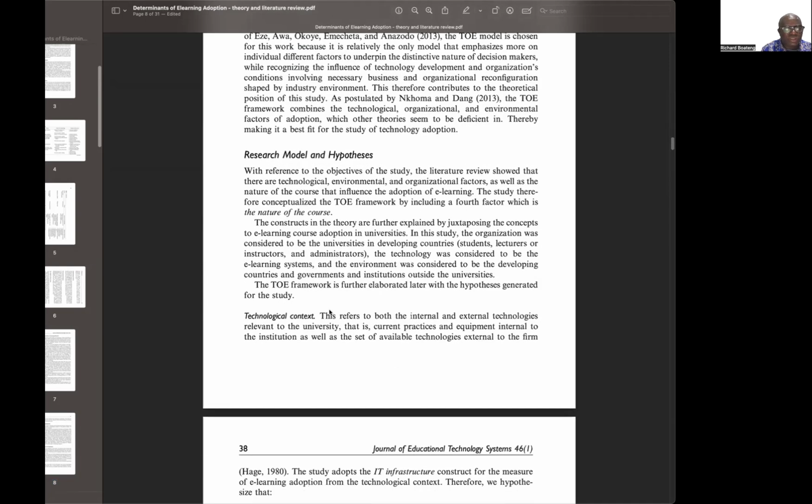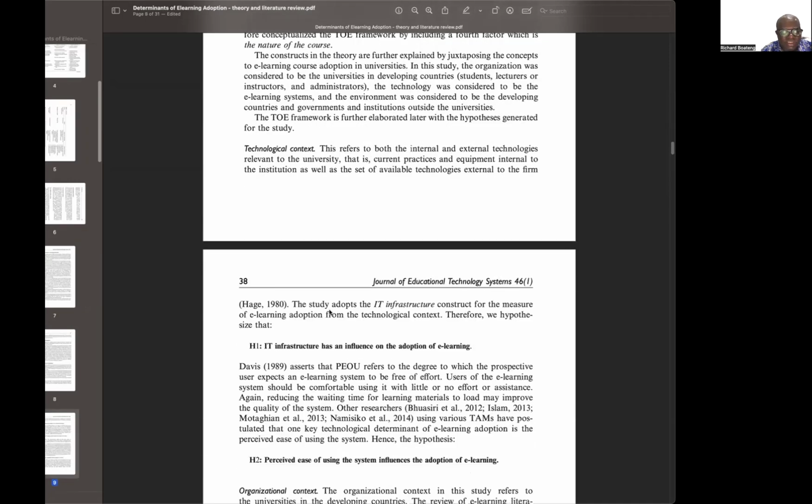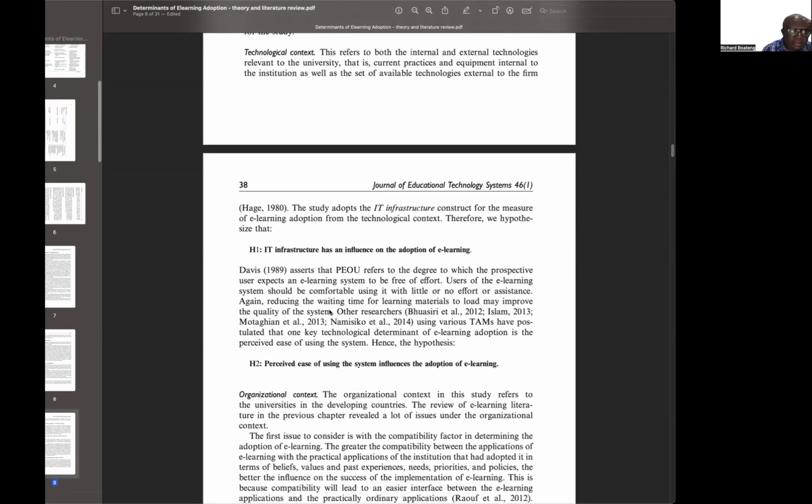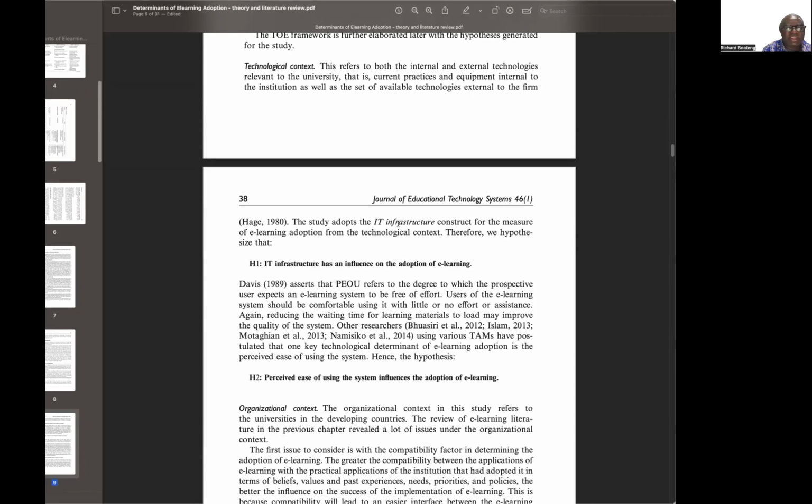So the student went ahead to look at the technological context. What factors tend to matter in our view for e-learning? We looked at two factors there: first, the IT infrastructure, and another, perceived ease of use.